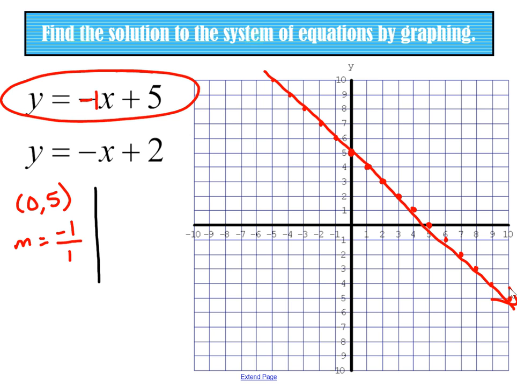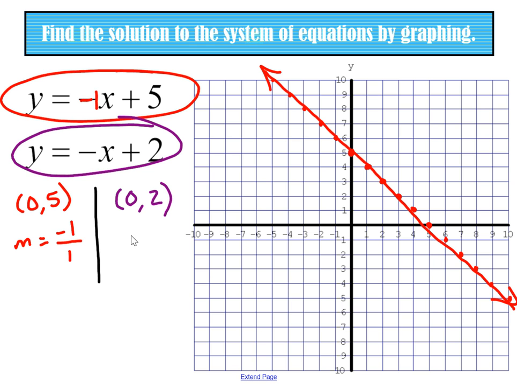We'll go purple on the next one for fun. So my y-intercept is 0, comma 2. My slope is, once again, negative 1 over 1. So I'm going down 1 over 1.